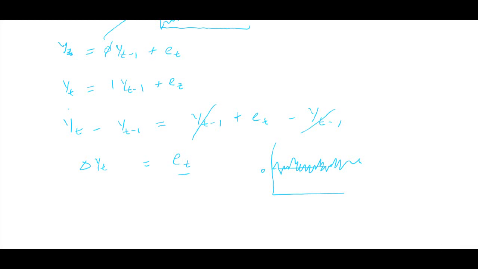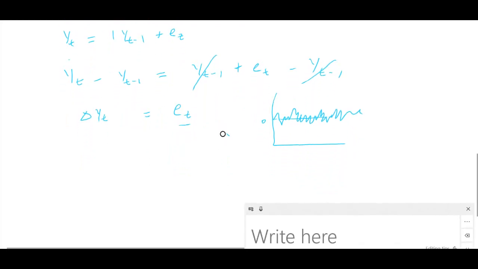Now we cannot always make the data stationary with the first difference. Sometimes it takes a second difference to make the data stationary. Sometimes we require differencing the data a third time in order to make it stationary. So here is a definition: we may say that a series yt is integrated of order 1 and contains a unit root if the series is non-stationary but its first difference is stationary.